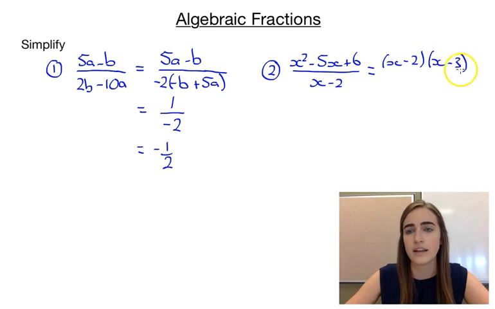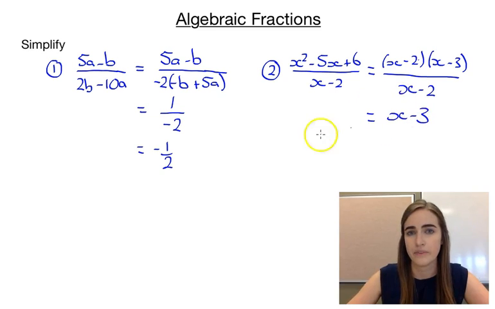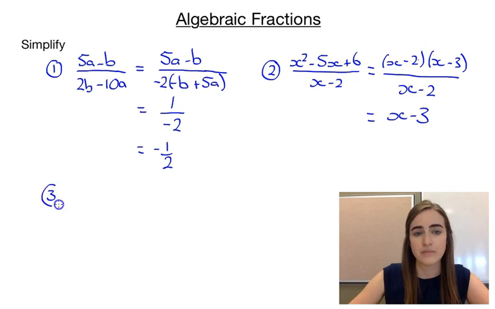So x minus 2 and x minus 3 will give us x squared minus 5x plus 6, and that's all over x minus 2. And then we can cancel out these two terms here, and we'll just be left with x minus 3.